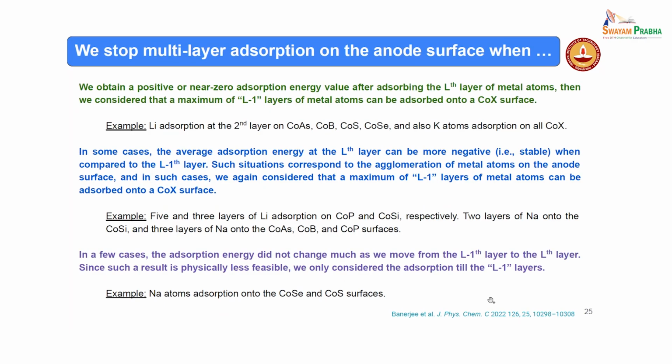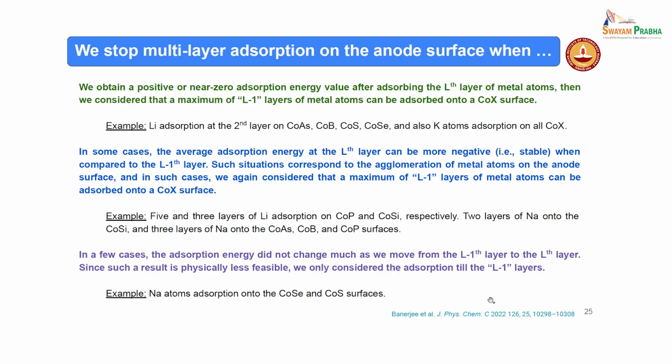Additionally, in some cases, the average adsorption energy of the Lth layer can be more negative than that of the L-1th layer. That means, if I am adding 10 atoms, the adsorption energy is, for example, -3. If I am adding 20 atoms, I will never expect it to go to -4. Why? Because as I add more and more atoms, the adsorption energy slowly decreases for the system.